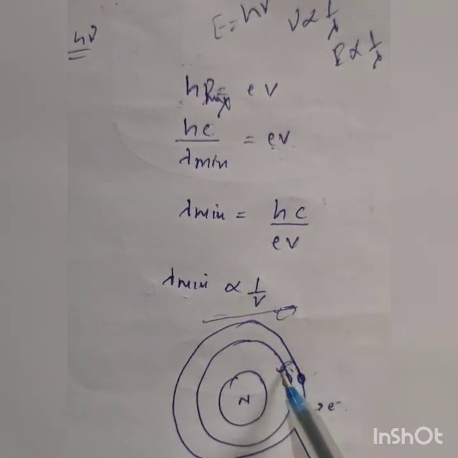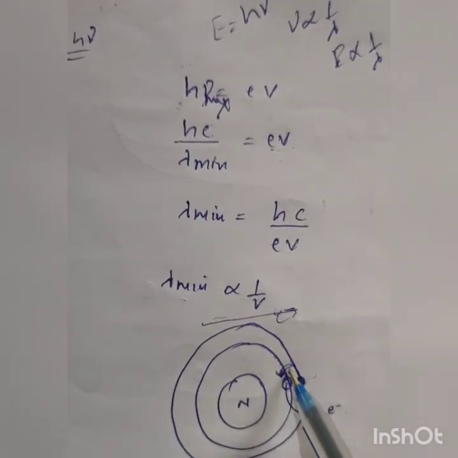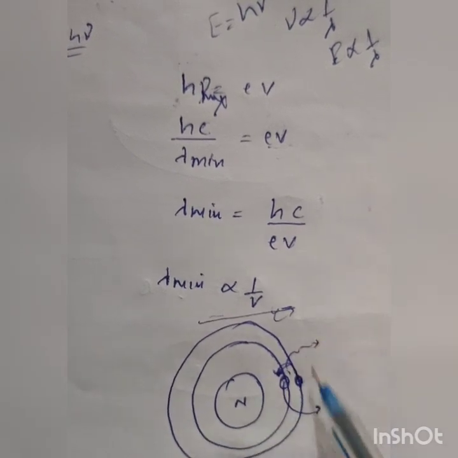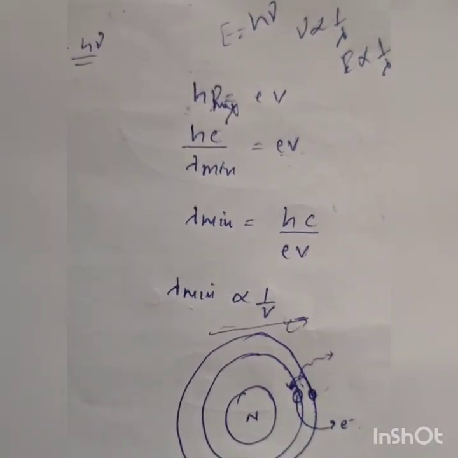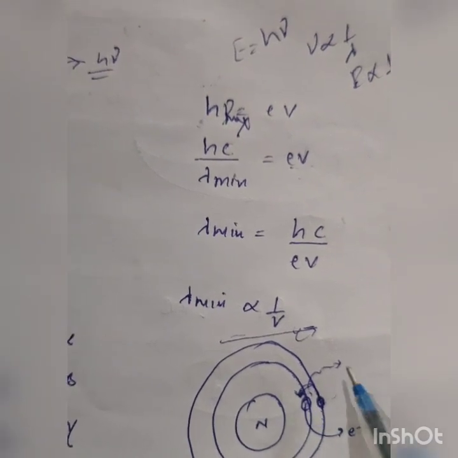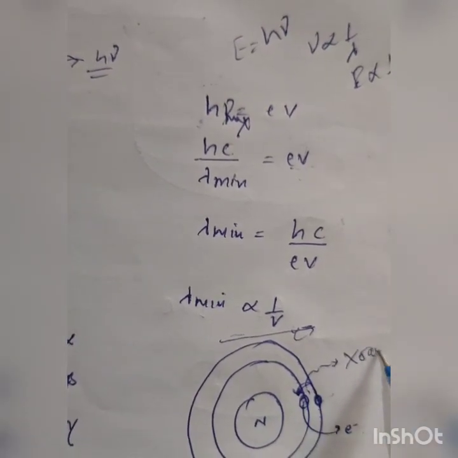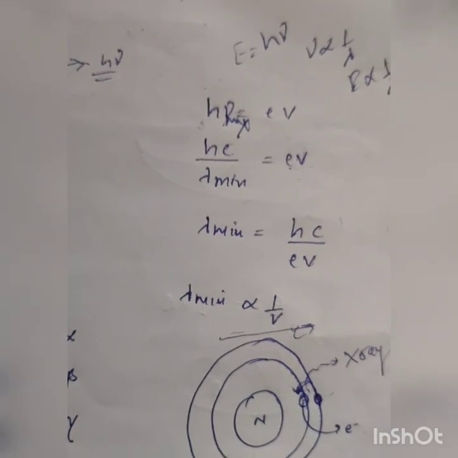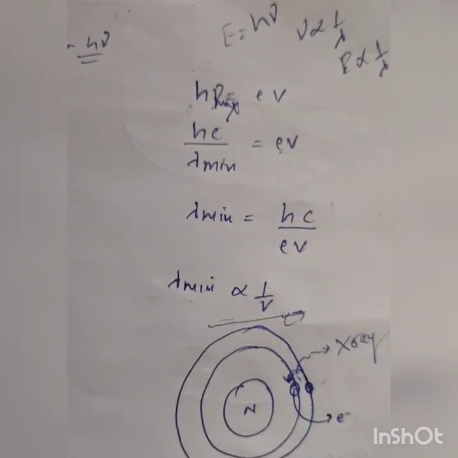When the electron goes to this energy level, the energy difference of the jump is emitted in the form of X-ray. This is the main origin of characteristic X-ray.